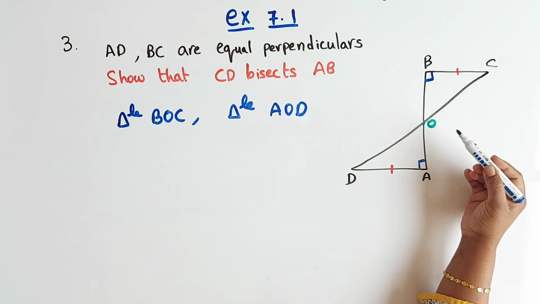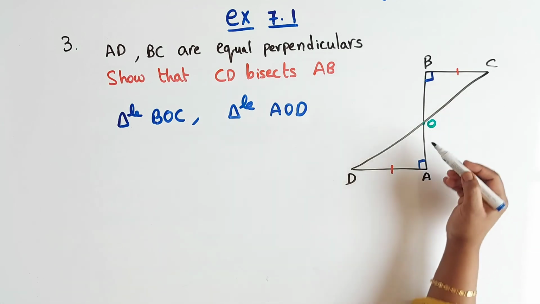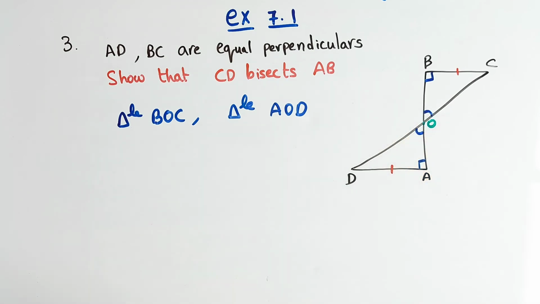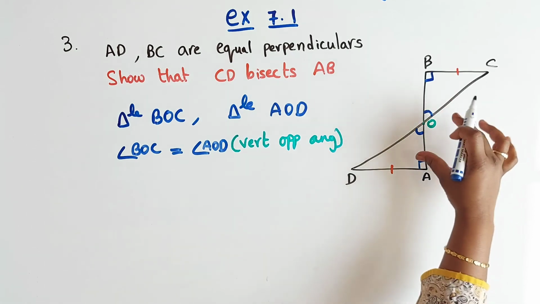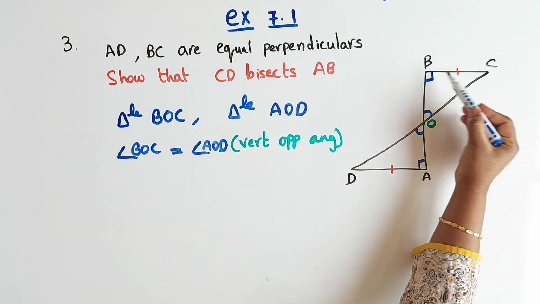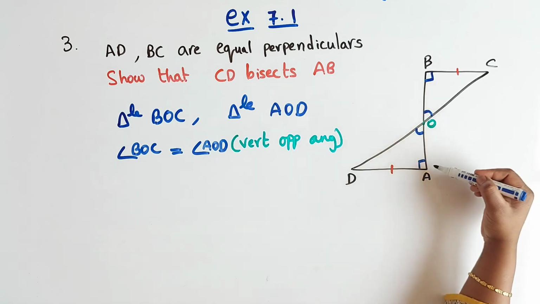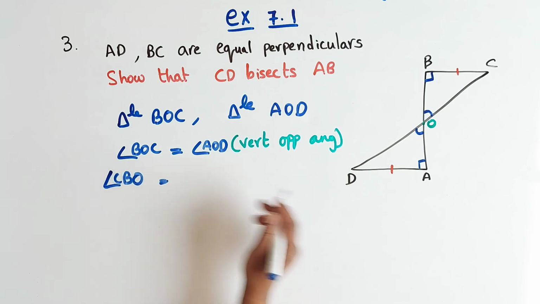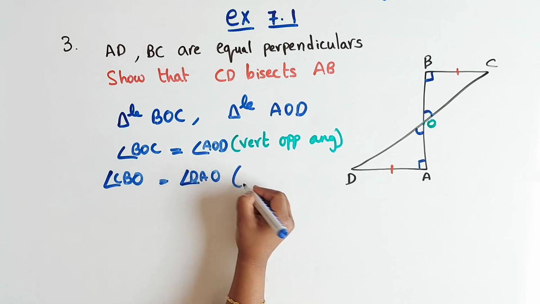Here I can write angle BOC equal to angle AOD, because these two are vertically opposite angles, right? Now we can write angle CBO equal to angle DAO. See here, both are perpendiculars, right? Angle CBO equal to angle DAO. Both are 90 degrees, right?